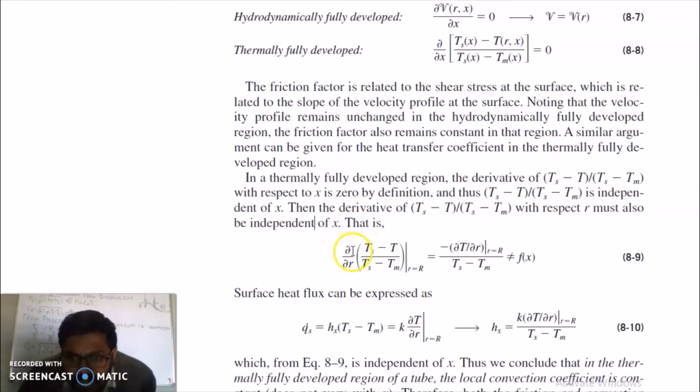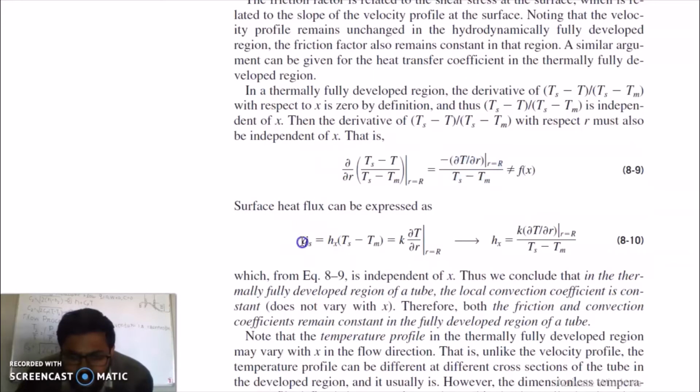That is, the derivative del by del r of the term (Ts minus T) divided by (Ts minus Tm) at r equal to R, now since this term is constant, it will become minus del T by del r divided by (Ts minus Tm), which is not a function of x. Means this is also independent of x.